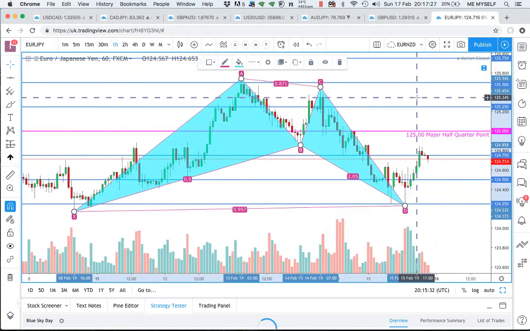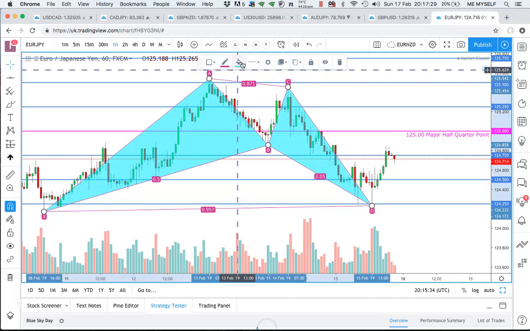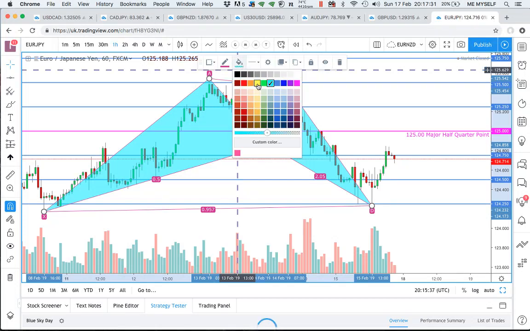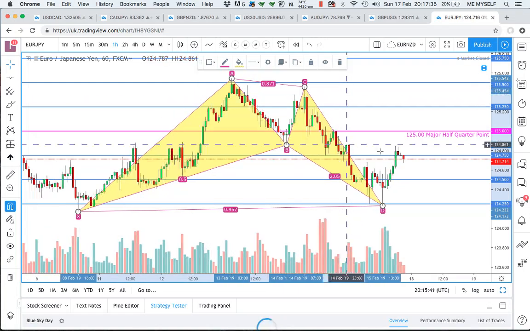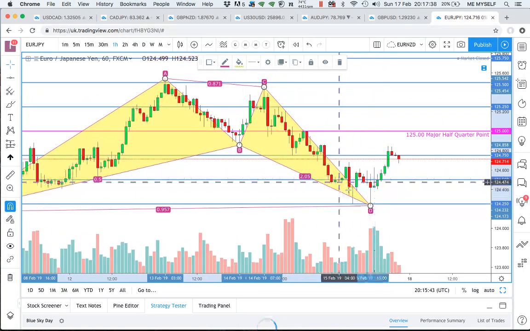Cool, cool. So this is our harmonic pattern. Give it the same color as the harmonic scanner itself. And remember, none of this happened yet.